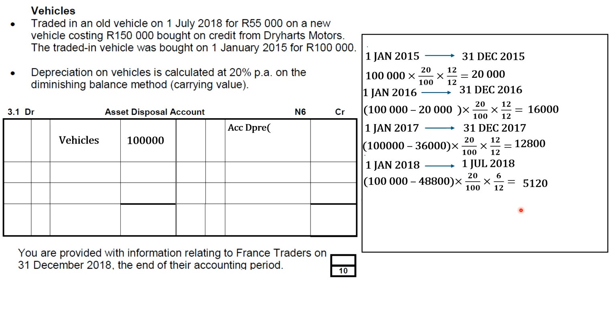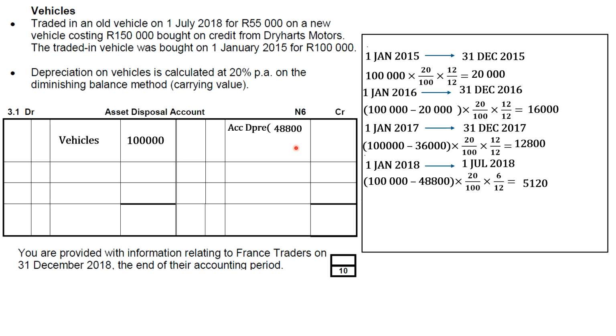You have all the information you need here to complete your asset disposal account. Like I said, this 48,800 is our previous year's accumulated depreciation. If they had given us an accumulated depreciation here, it was supposed to be 48,800. So we're going to record it here in our open bracket, 48,800, but we're not done.